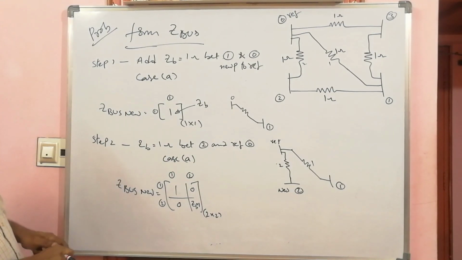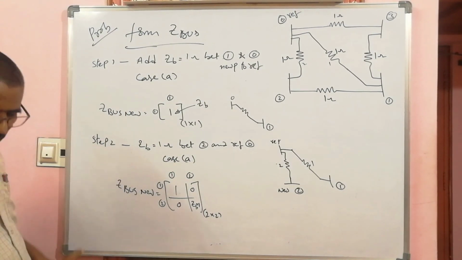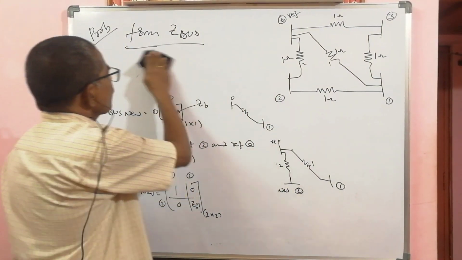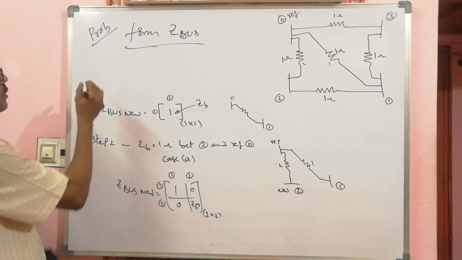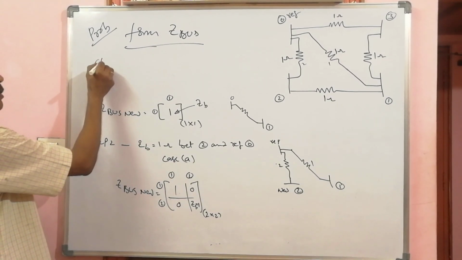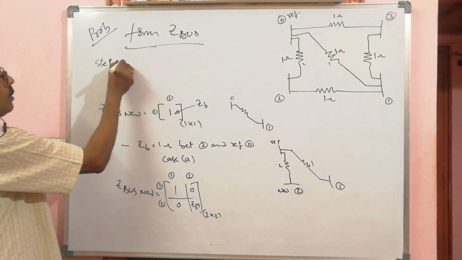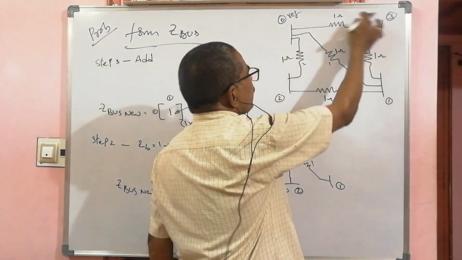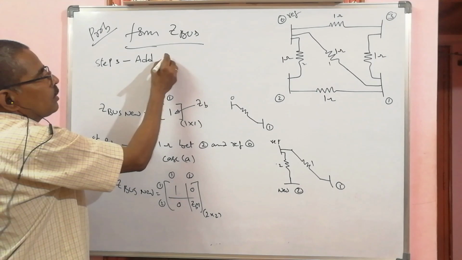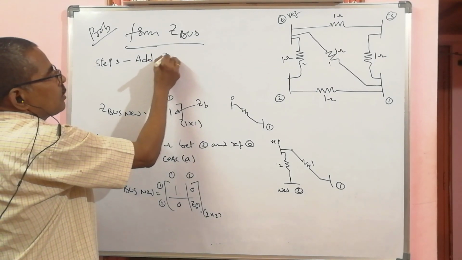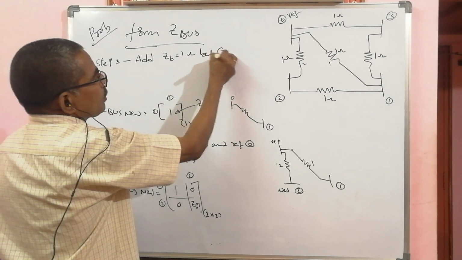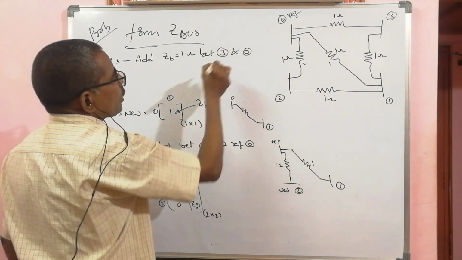Then third step. Step 3. Let us add this 3 to reference. Add ZB equal to 1 ohm between 3 and reference.